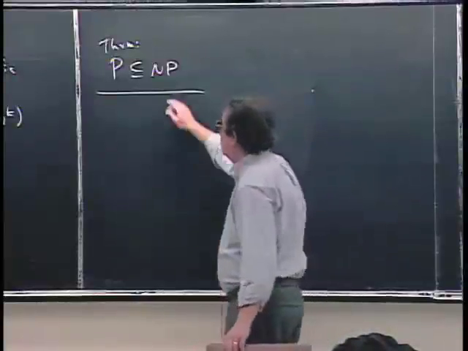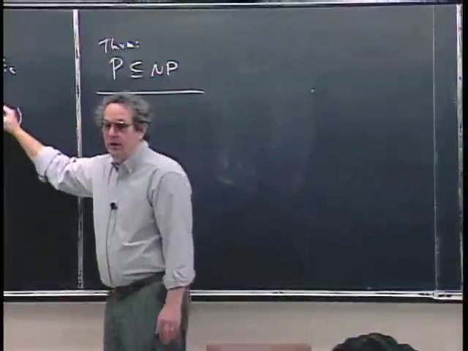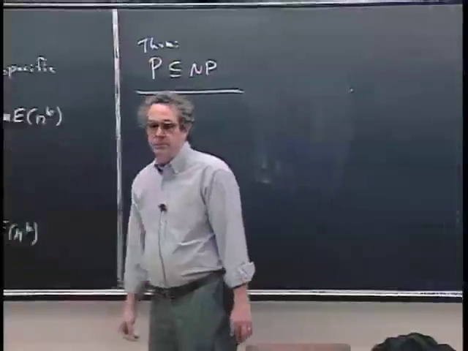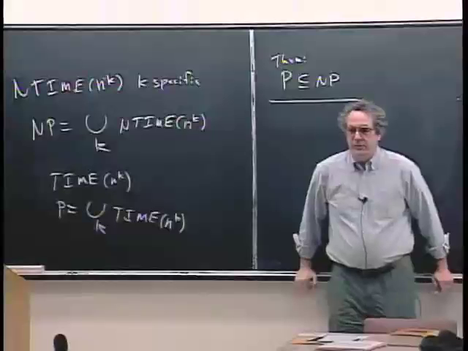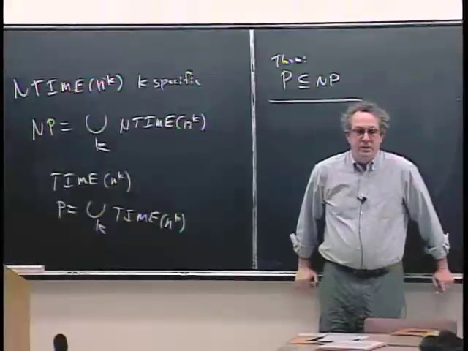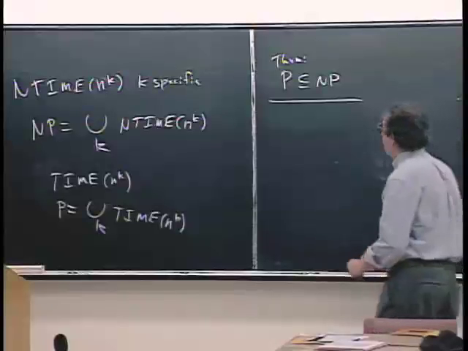Okay, so this is the definition of NP, and I also mentioned last time that for a language to be in NP is no great distinction. For a language to be in P is a much more restrictive condition in practice, but we don't know.